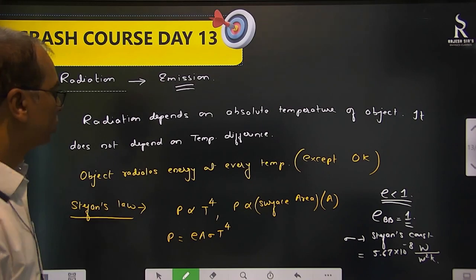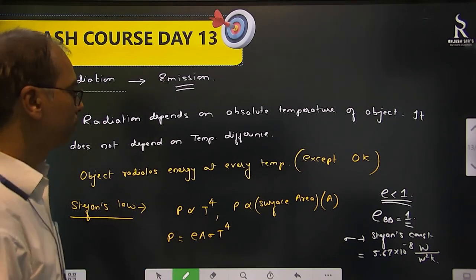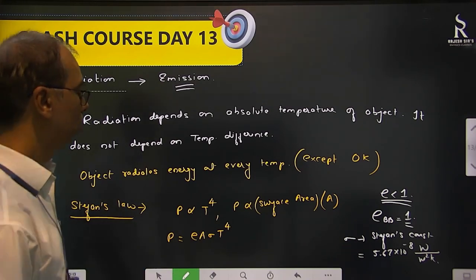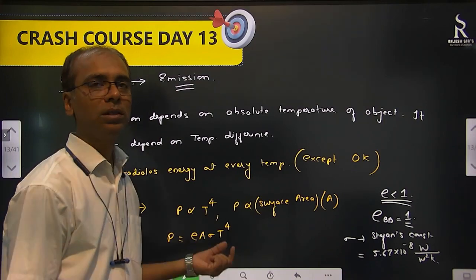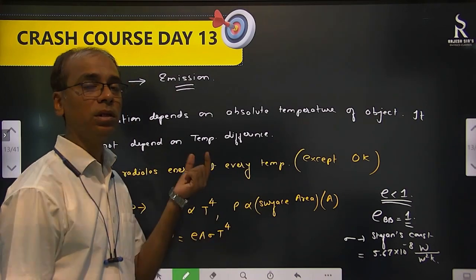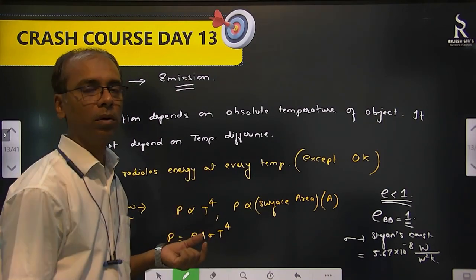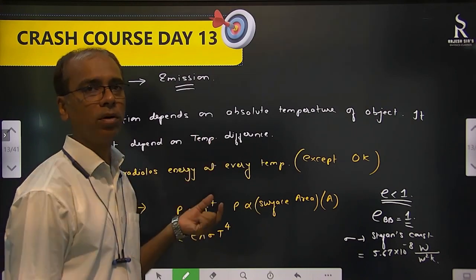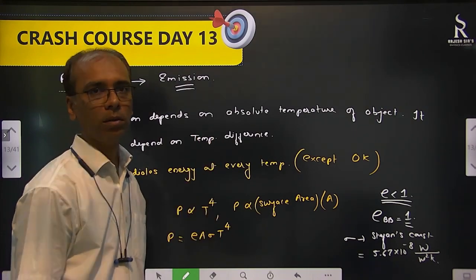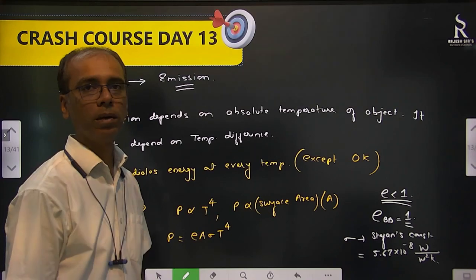That is the sigma value. What is E actually? E is emissivity. Emissivity is actually a ratio: the ratio of emissive power of the body to the emissive power of a black body. So that's why it comes out to be less than 1.